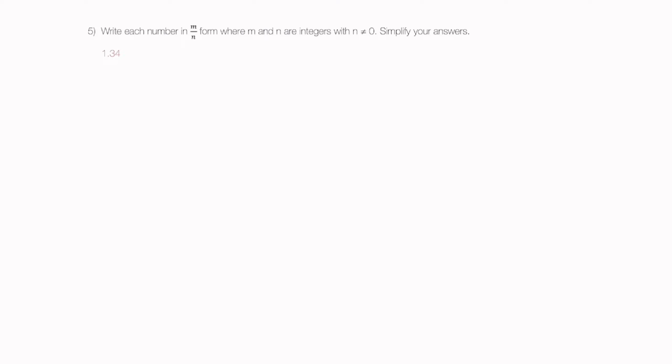Fifth question already. 134 without decimal digit. And what am I going to write in the denominator? Yes, I'm going to write 100 as we have 2 decimal digits here. Let's quickly factorize. We are going to be really fast in this chapter. Let's divide by 2. 2 times 67 is 134. 67 is a prime number.